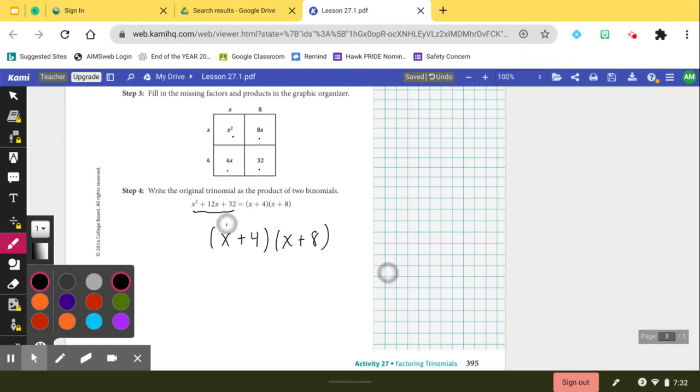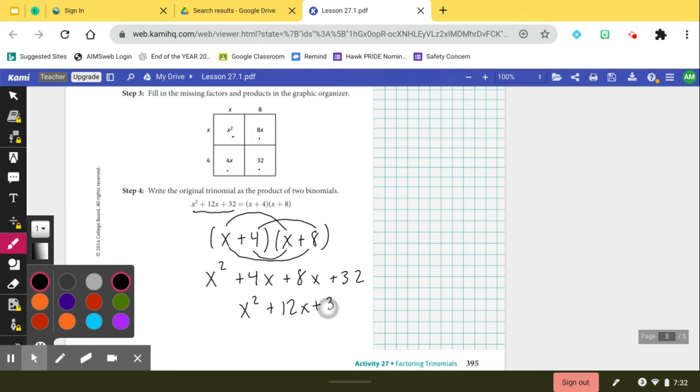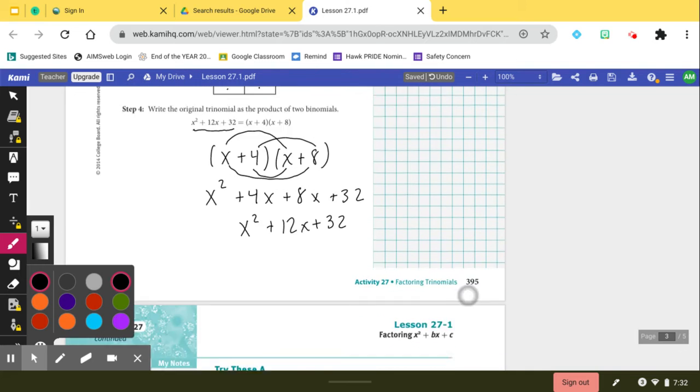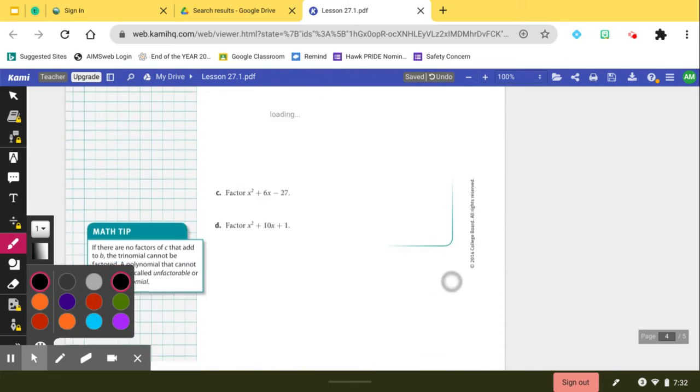So I'll just do that real quick. We have x times x, which is x squared, 4 times x, which is 4x, x times 8, which is 8x, and then 4 times 8, which is 32. And combining like terms, we get x squared plus 12x plus 32. So we know that we're correct. So the two numbers that multiply together to be c, but add together to be b, become the last terms in each binomial.